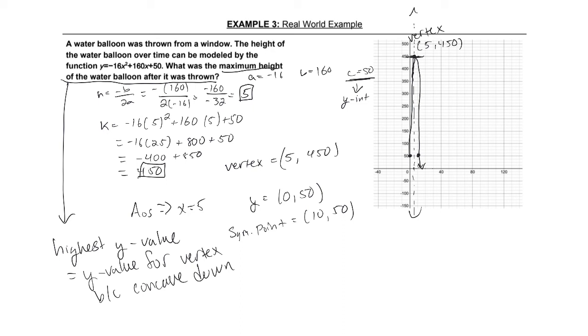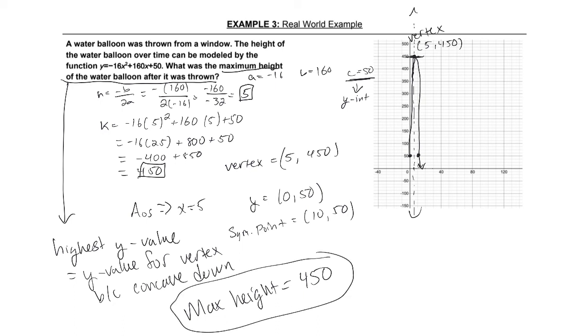So our solution is max height is equal to 450 feet. Is it saying feet? I don't think it actually says feet, so let's just say 450. So there's your max height.